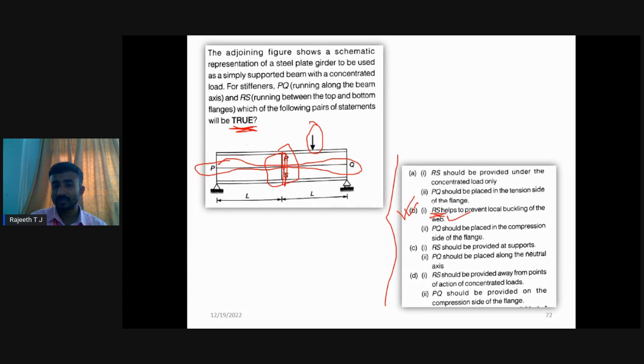What is the purpose of RS, the vertical stiffener? To prevent local buckling of the web. Okay. When you go for PQ, the horizontal stiffener should be placed on the compression flange side. So PQ should be placed near the compression flange side to take care of the maximum bending moment acting on the plate girder or the beam.